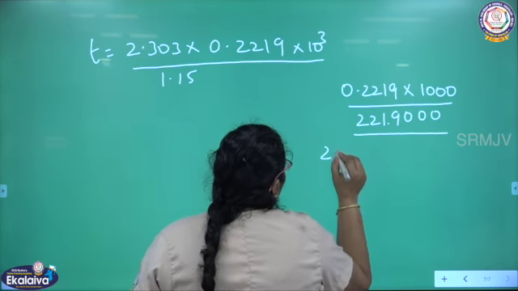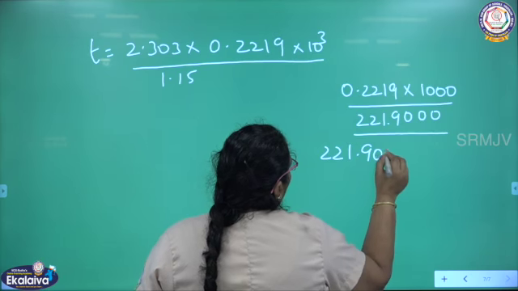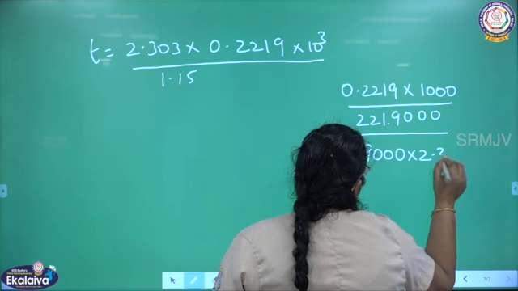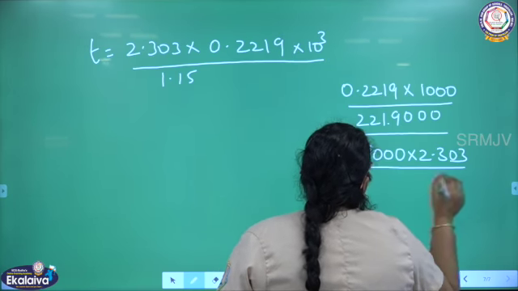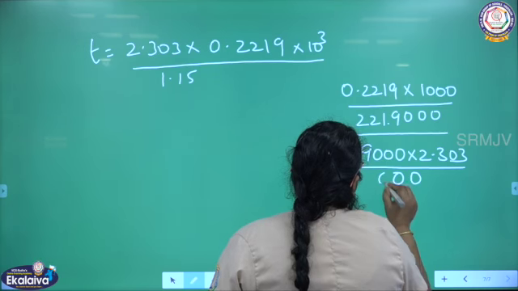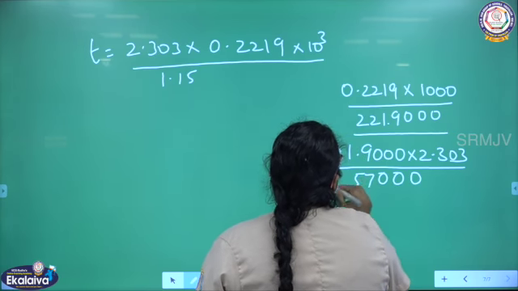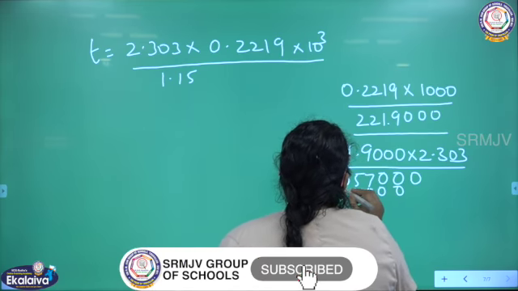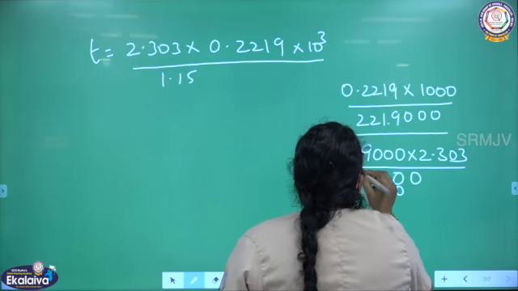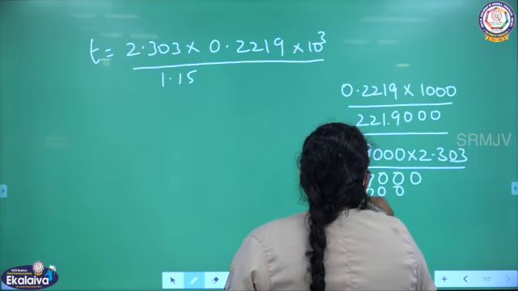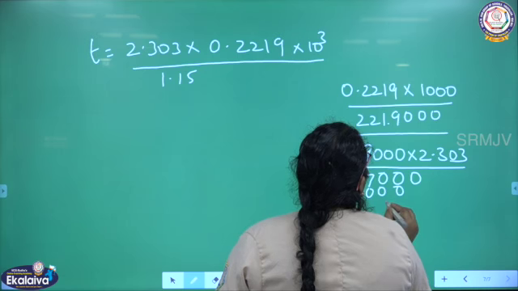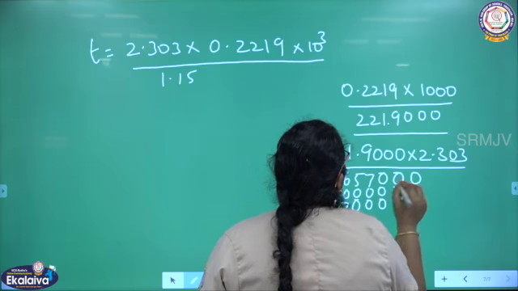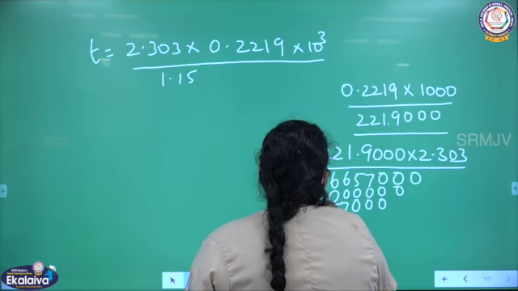And this 221.9000 again is multiplied by 2.303. 3 zeros are 0, 3 zeros are 0, 3 zeros are 0, 3 nines are 27, 3 ones are 3, 3 twos are 6, 3 twos are 6.